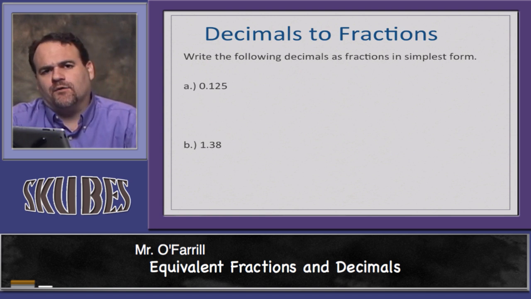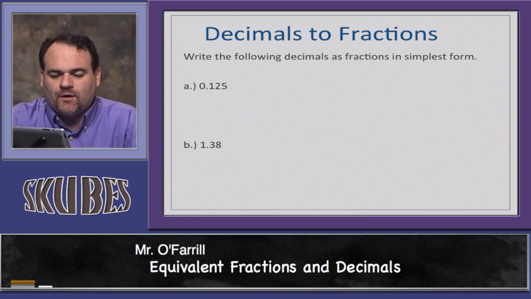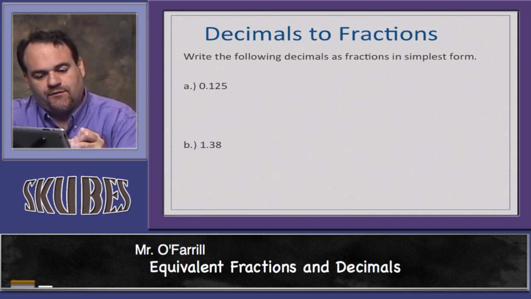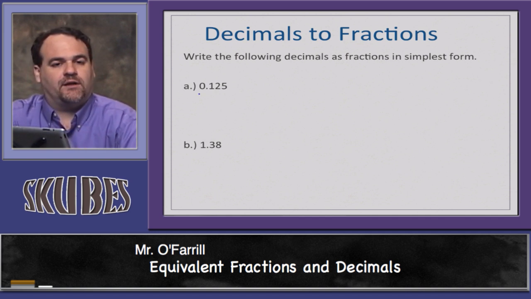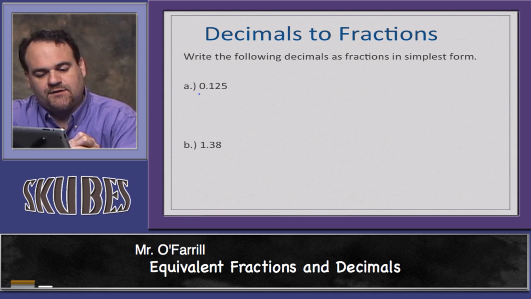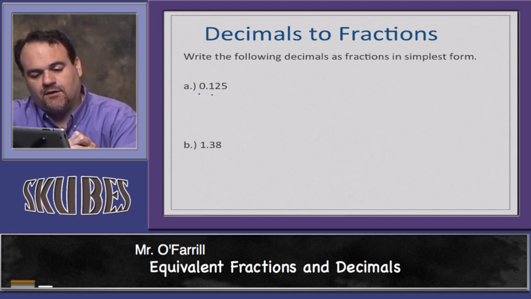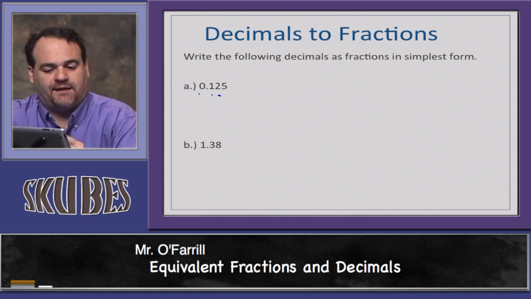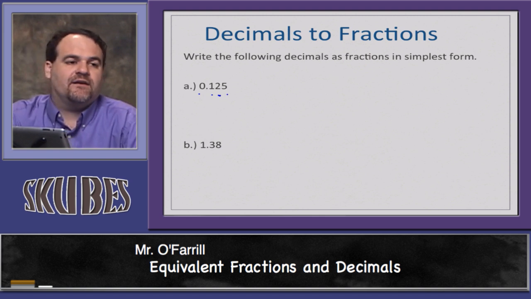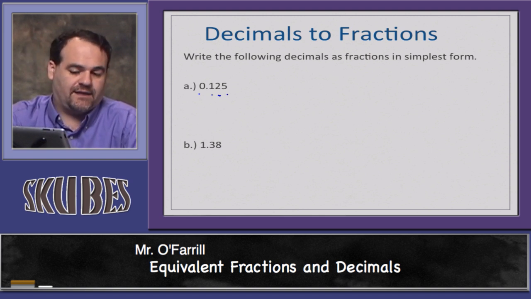So how do we go the other way? Well, the other way we need to know a little bit about our place values. This, of course, is the ones place. This next one is the tenths place, the hundredths place, and then finally the thousandths place.